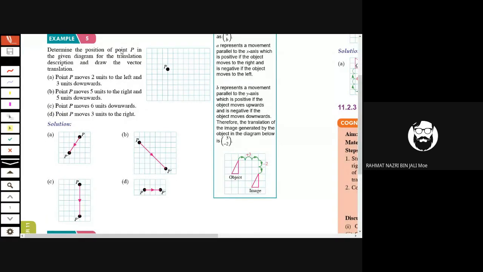Determine the position of point P in the given diagram for the translation description and draw the vector translation. Point P moves 2 units to the left and 3 units downward. So the solution is based on the diagram A here.